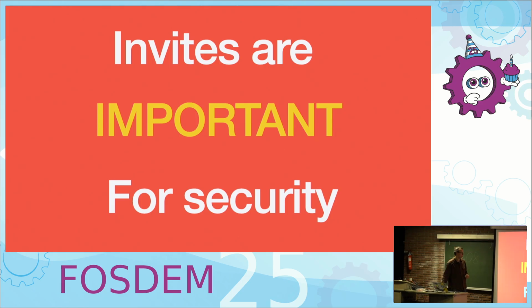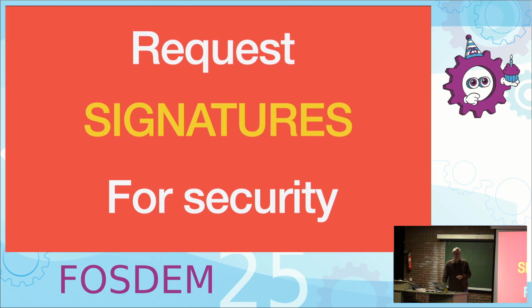So invites are important for security. That's what we found out. Another thing that's really nice is request signatures, which is being added. Request signatures on HTTP calls use a public and private key pair to add a header to the HTTP call to sign it, so that you know that an HTTP call comes from an HTTP client that is part of a certain server domain name.